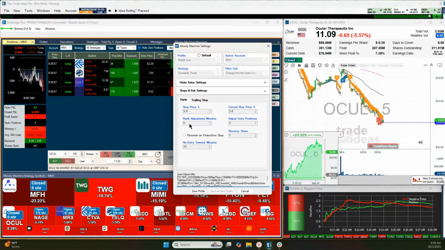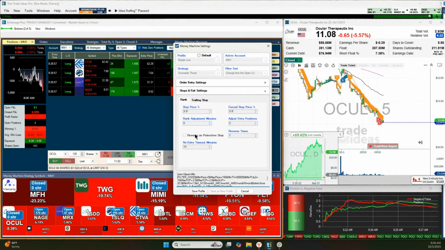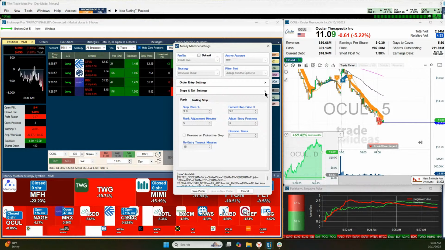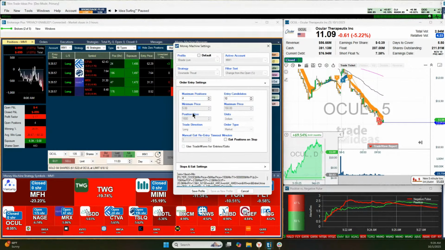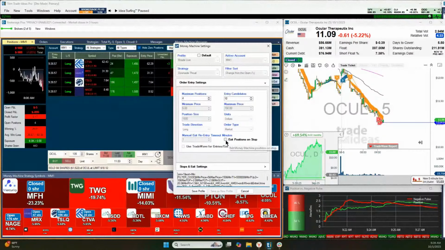Yeah, MB, I think there is a setting, and if not, I will make sure that we exit on close as an option. Let me see here. No, that's exit positions on stop.